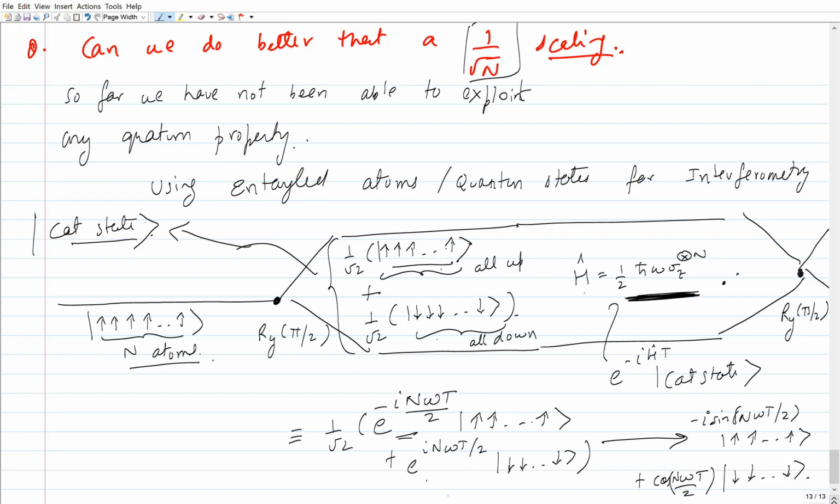So this n is a very crucial part which I have got. In some sense, this state is rotating n times faster than my initial experiment with only one atom.